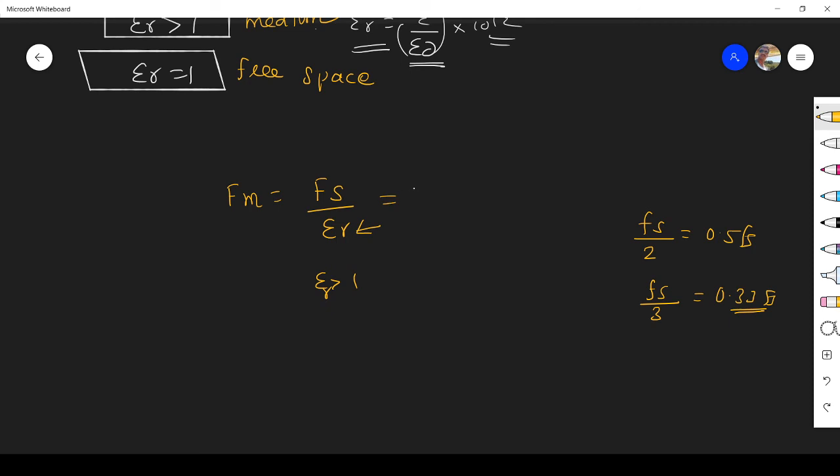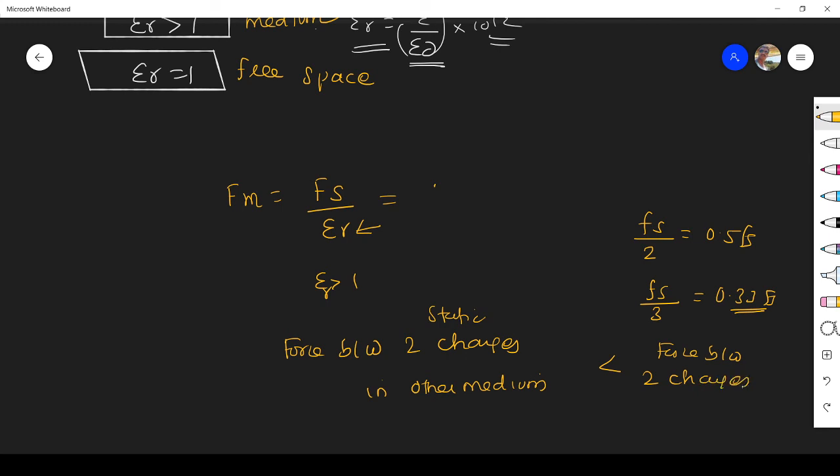So always Fm, the force between two charges in another medium, is less than the force between two charges in free space.